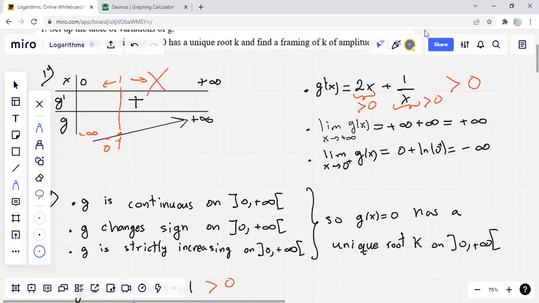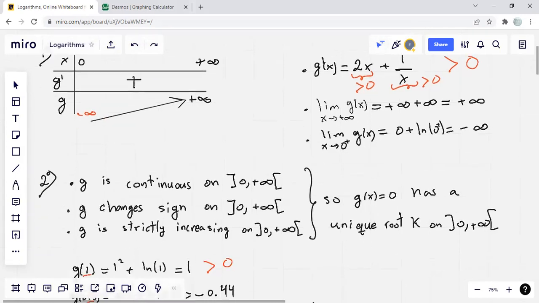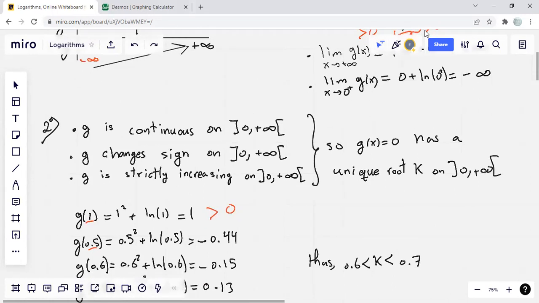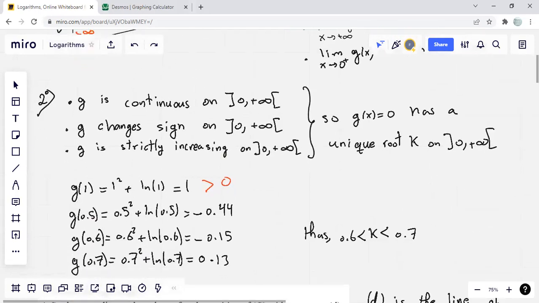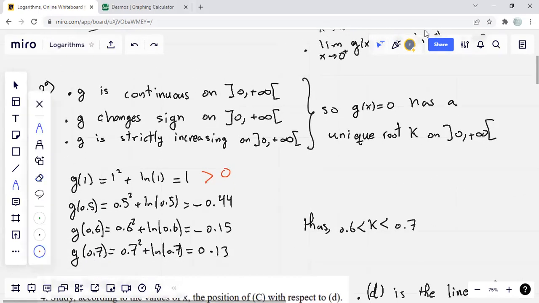The exact numbers don't matter here. Okay, so I tried g of 0.5 and I get a negative number, minus 0.44. So I have to try again. g of 0.6 is also negative. I tried g of 0.7 and it came out to be positive.